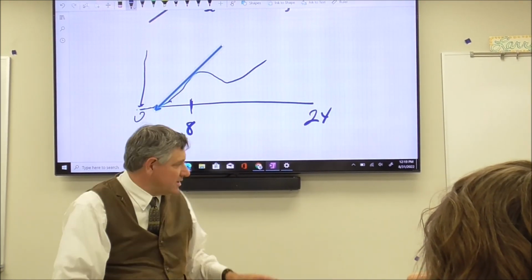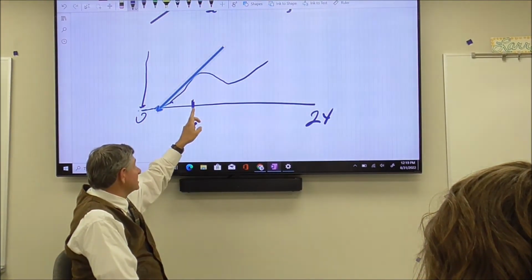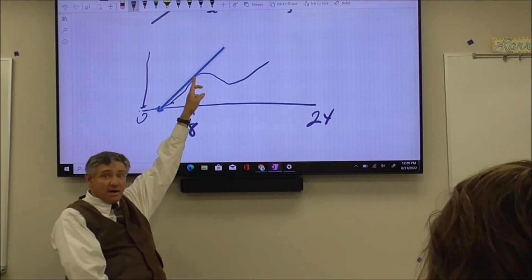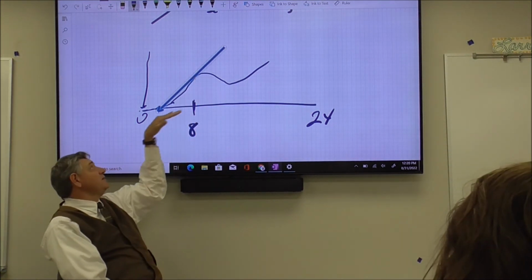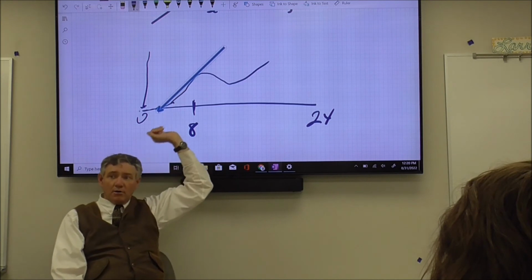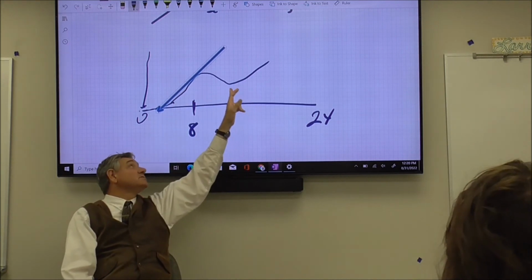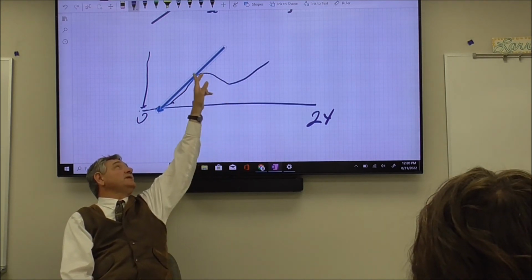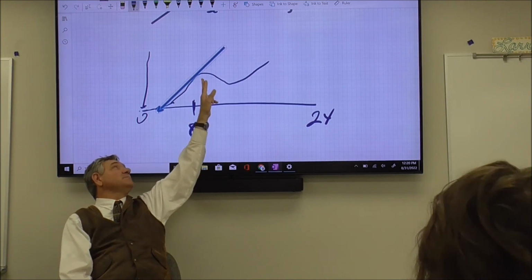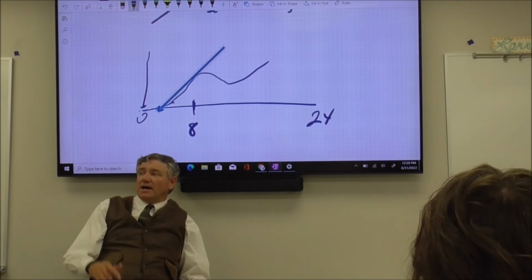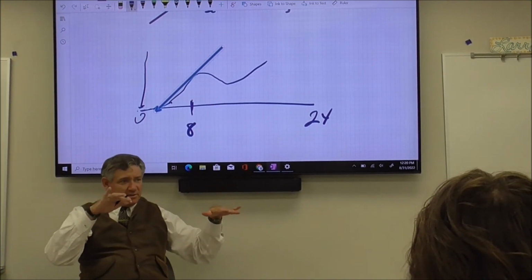Find where it touches the curve, and then just eyeball that tangent line. Imagine a radius like this, and the tangent makes a right angle to that. Everybody's is going to be a little bit different.